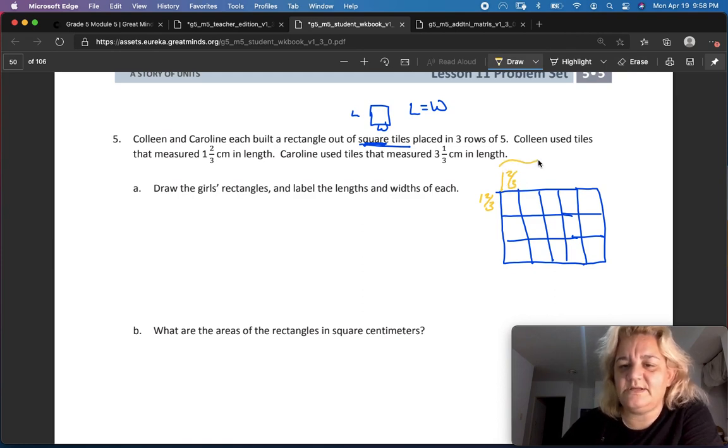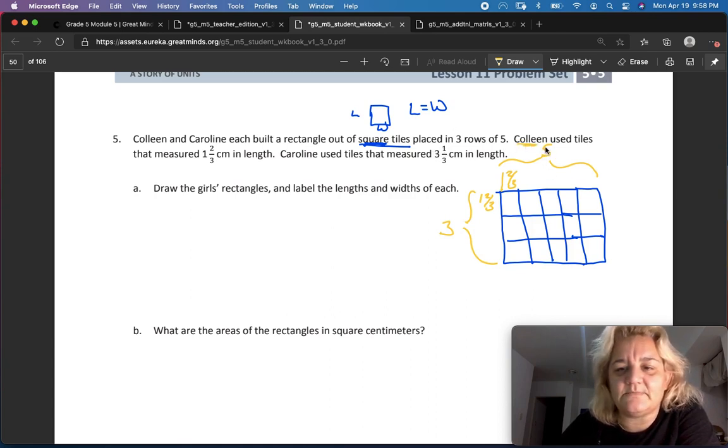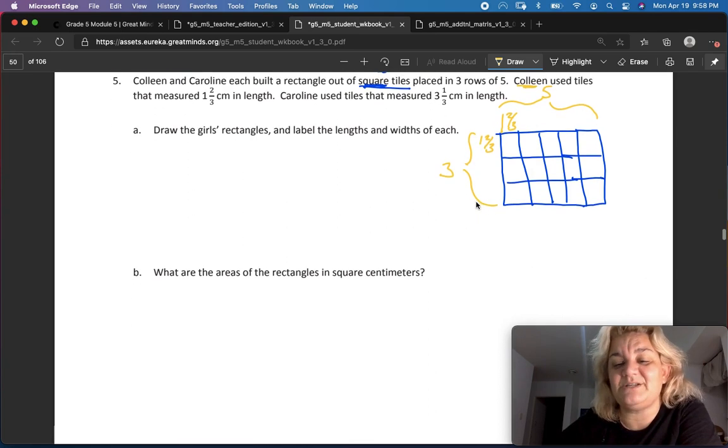Okay, so we've got 1 2/3 for each of those, and there are 5 of them. We have 1 2/3 for each of those, and there are 3 of them. Caroline used tiles that measured 3 1/3 centimeters in length. So hers is going to be much bigger.